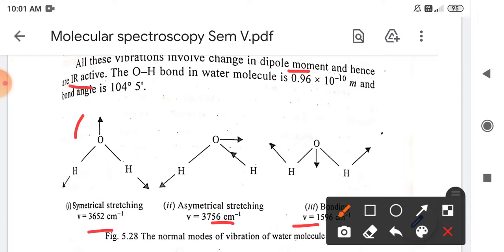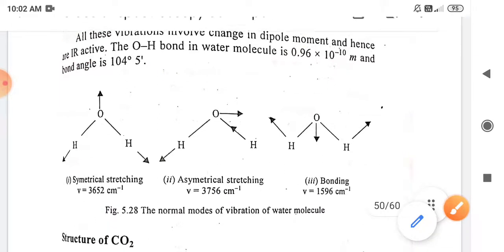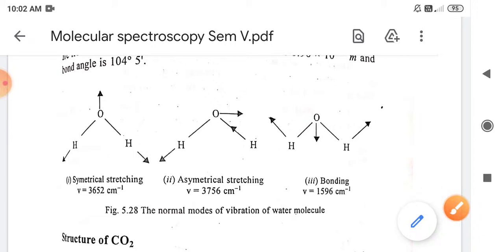Experimentally, the OH bond in the water molecule has a bond distance of 0.96 into 10 raised to minus 10 meter, or simply 0.96 angstrom, and the bond angle is 104.5 degrees.